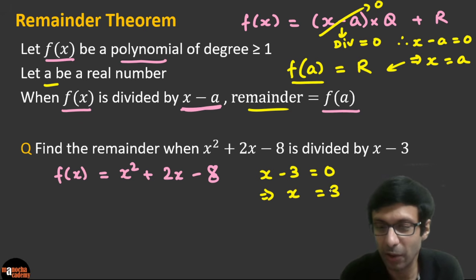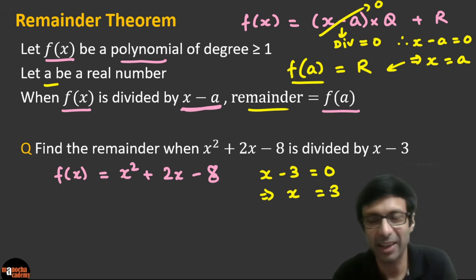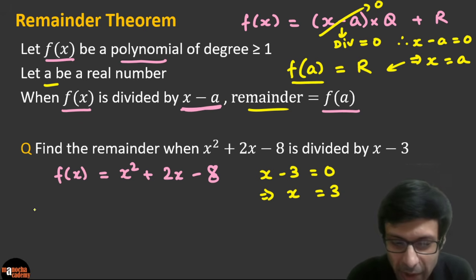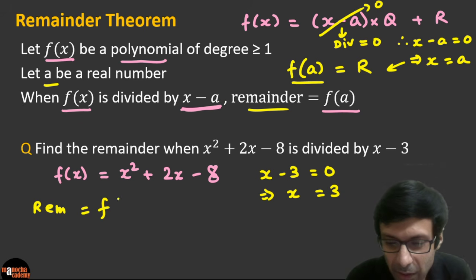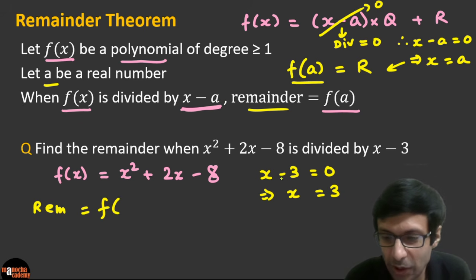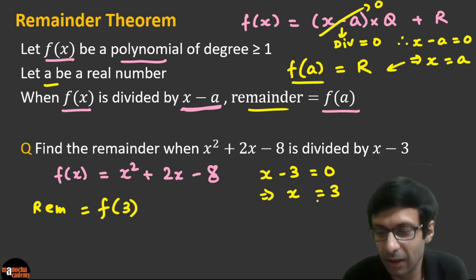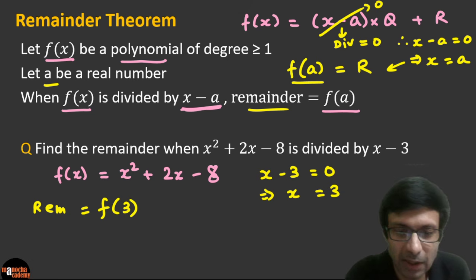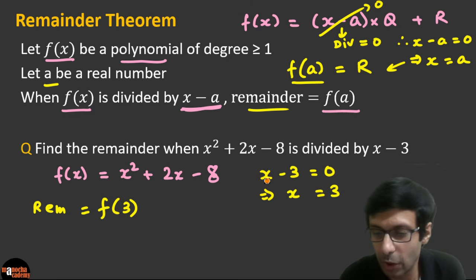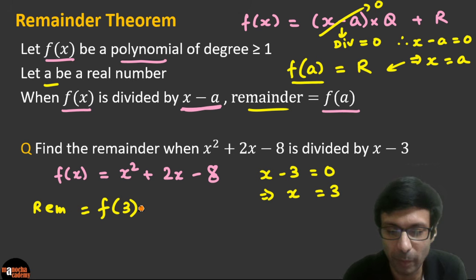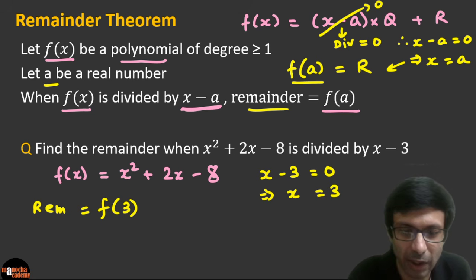So to get the remainder, we basically need to find f(3). To find the remainder is going to turn out to be f(a), because here it is x minus a, which is basically f(3). So the easiest way is, you just set the divisor equal to 0, x minus 3 is 0. So you found the value of x you need to set. So remainder is going to be f(3).